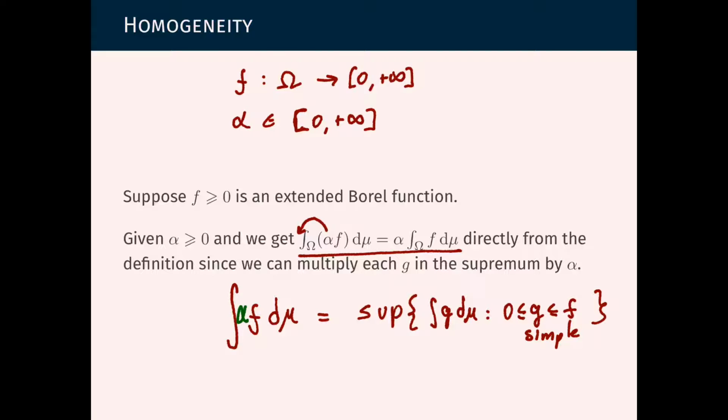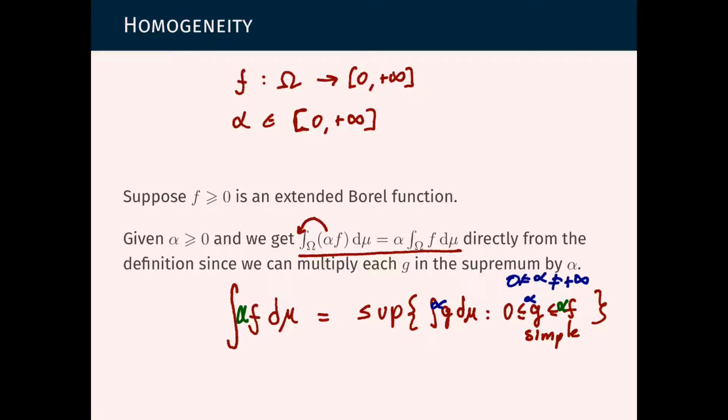Well, then we're getting alpha here, and if we have a function g that is less than alpha f, assuming first alpha is not 0 and not infinite, then we can divide by alpha, or let's just replace g by alpha g.